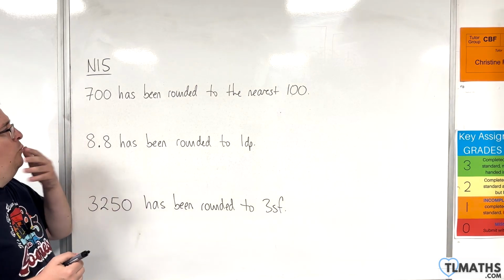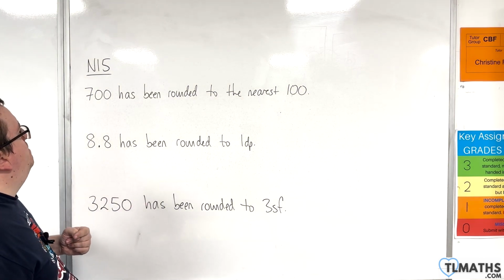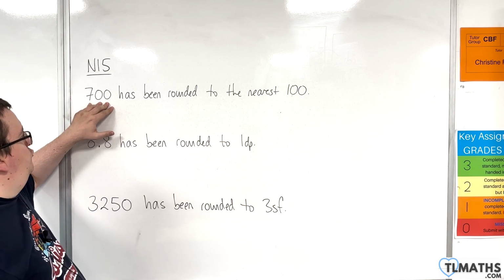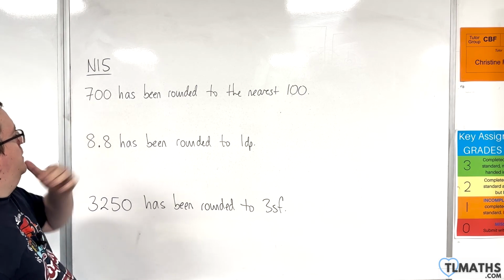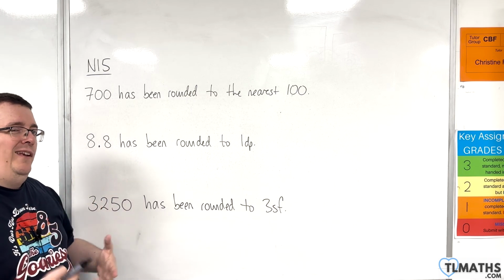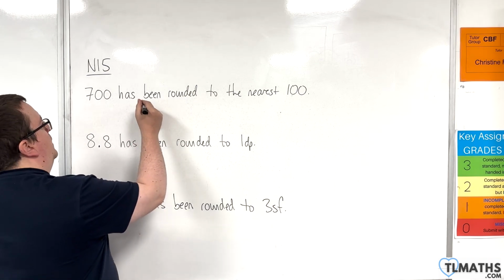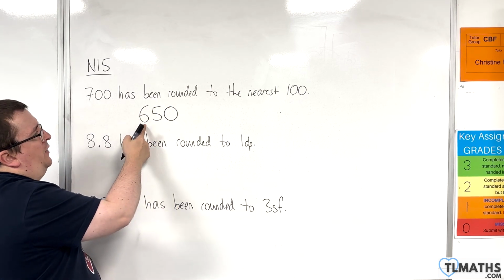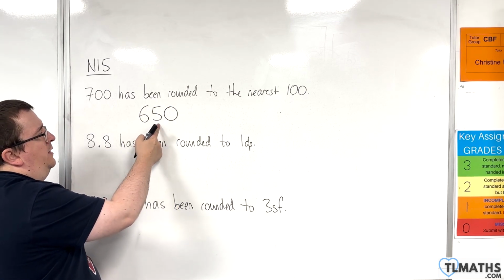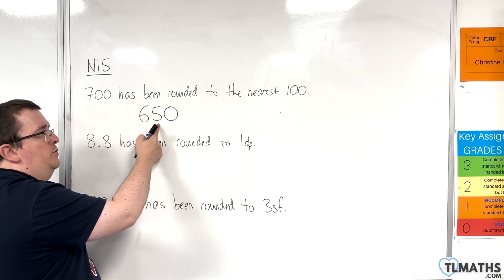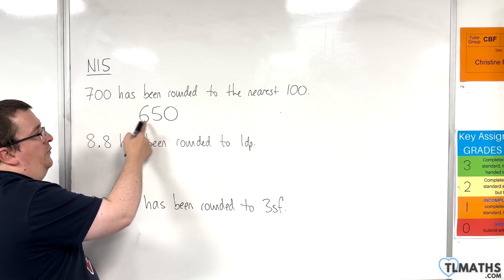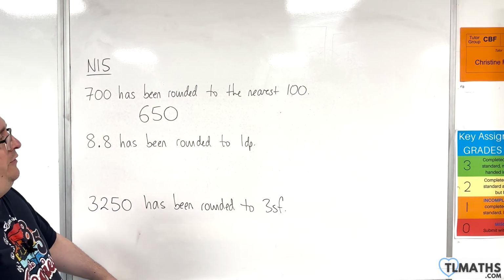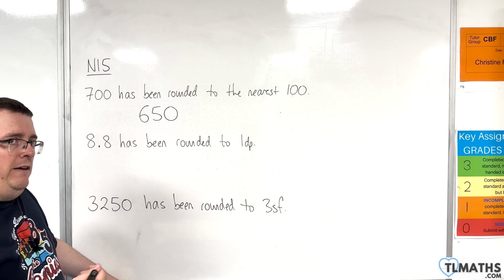Well, what would be the smallest number that could have been rounded to 700 to the nearest 100? Well, that would be 650, right? So 650, that is the hundreds column. To the right is a number 5, which means I would round up. So this would round to 700 to the nearest 100. And it's the smallest number I can get that would round up to 700.